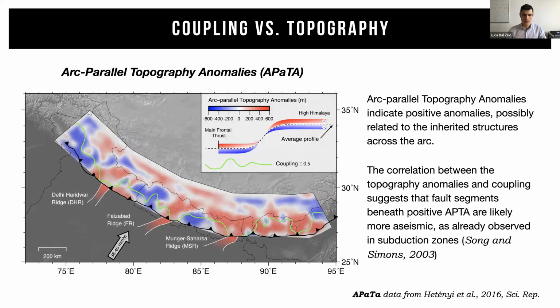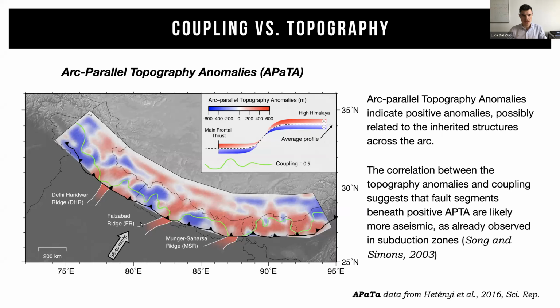Another type of data that we can compare with this coupling distribution is the arc-parallel topography anomalies. For those that are not familiar, this color map represents the positive and negative anomalies compared to the average profile across the arc.